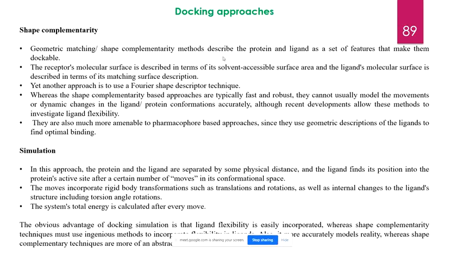These are also much more amenable to the pharmacophore-based approaches, because they use geometric descriptors like SASA, the point, the electrostatics information, and all this to find the optimal binding.